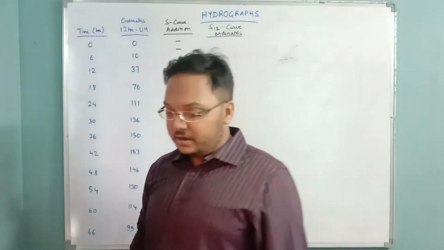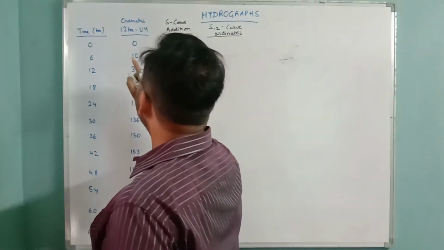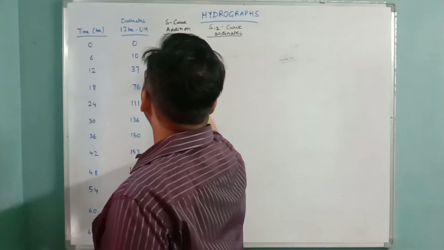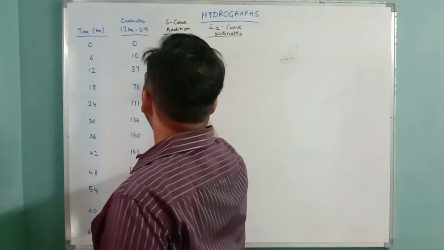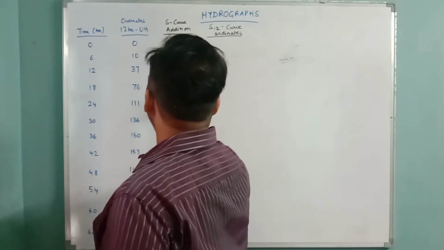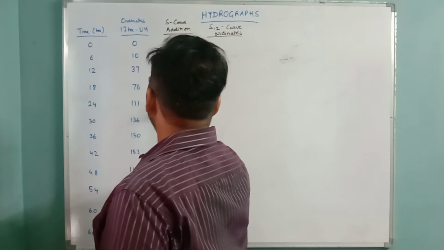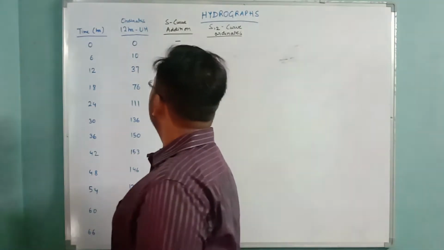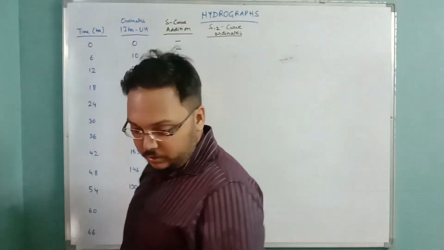We will start it from here, and we will write the first three values, that is 0, 10, 37. Fine? Okay.